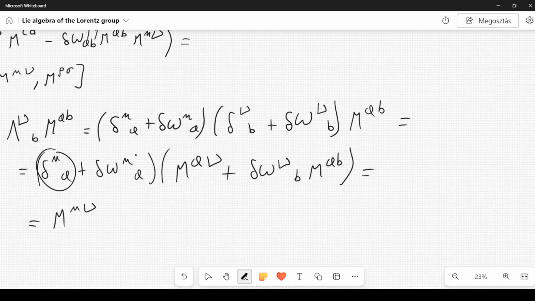When we multiply this by this, then we have other terms plus delta omega LB.